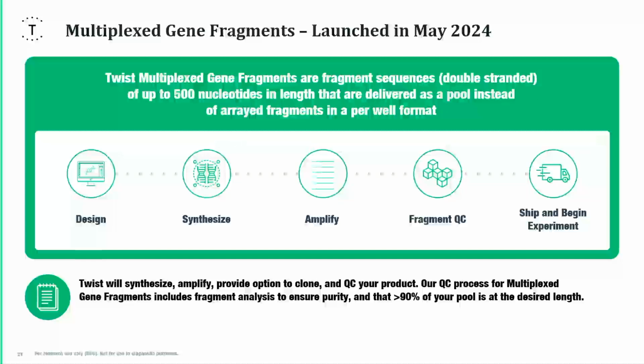We can now push that length beyond 300 nucleotides, and we've pushed it to 500 nucleotides. So we're literally printing V genes as oligos and then amplifying them, making them double-stranded, carrying out some fragment QC, and at that point they're ready to ship as a library of exact sequences.